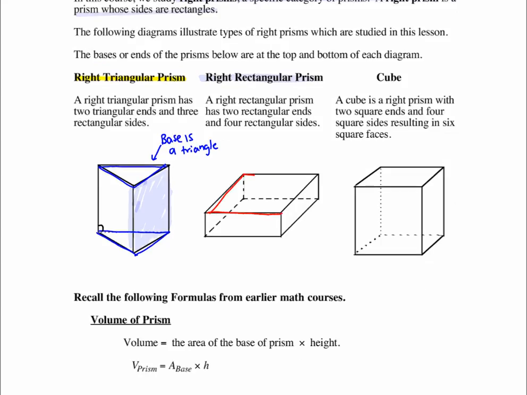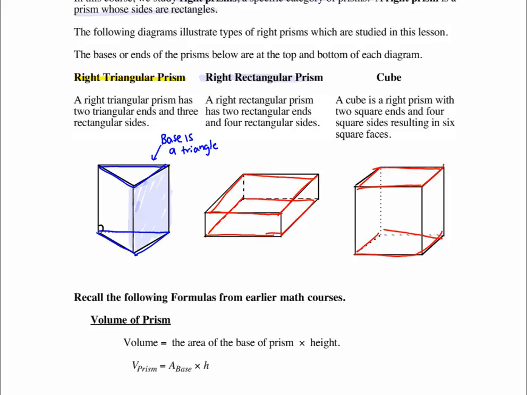Any two of the opposite sides could be your base. The bases are rectangles. And a cube is a special type of rectangular prism where all sides are equal. So it's a square base, but also the height is the same dimension as the side lengths of the square.